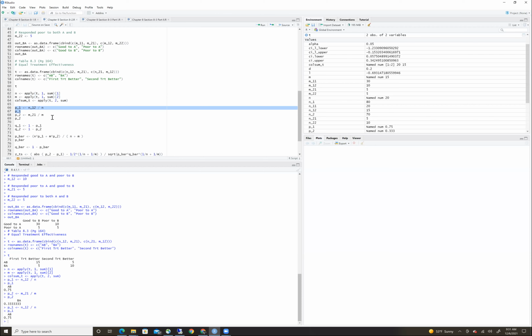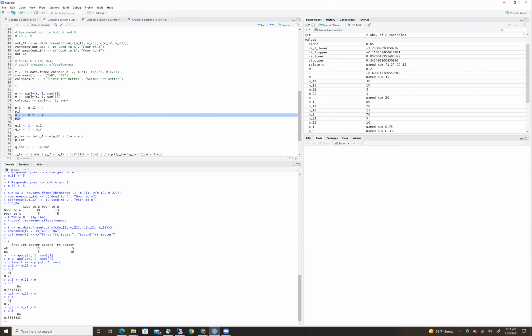So for the patients who were ordered A to B, there's 20 patients total. 15 of them responded well, so the proportion is 0.75. For proportion 2, we're thinking about the patients who were ordered B to A, right? So our total number of patients there is 15. And then we have 5 out of 15 patients, giving us 33%.